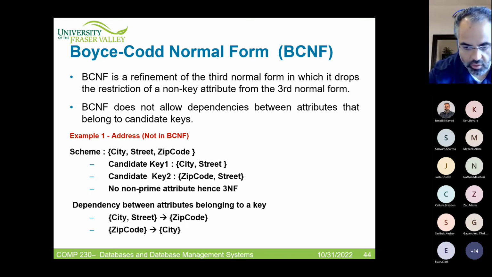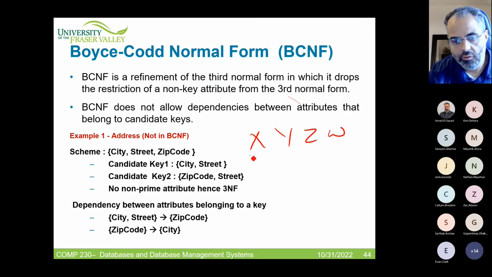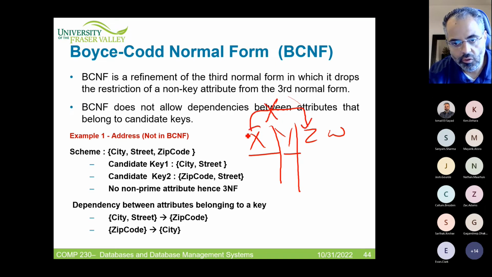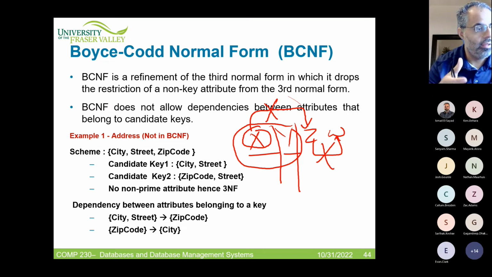Third normal form says if we have X, Y, Z, W, and this is a primary key in a table, it is not allowed to have a dependency on part of the key, which is the second normal form, and also it is not allowed to have a relationship between non-prime attributes themselves. But the third normal form doesn't say whether it is allowed to have a relationship within the primary key itself or the candidate key itself.